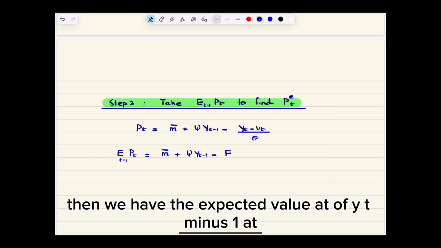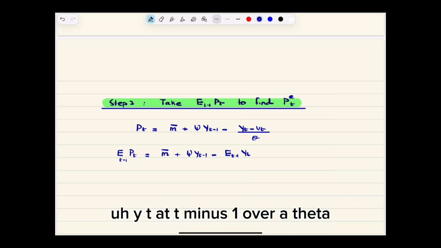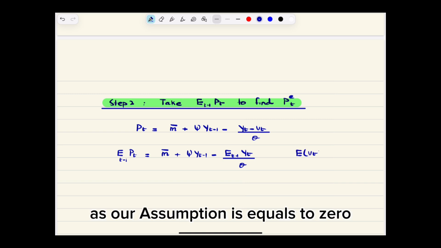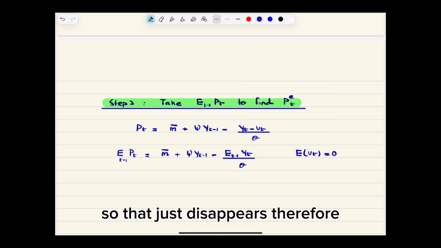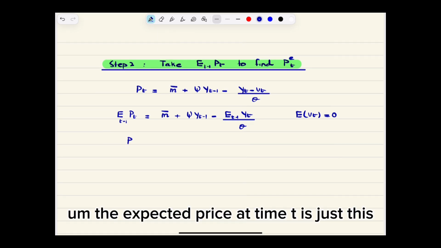Then we have the expected value of yt at t minus 1 over a theta, and expected value of vt as our assumption is equal to 0, so that just disappears. Therefore, the expected price at time t is just this expression here.